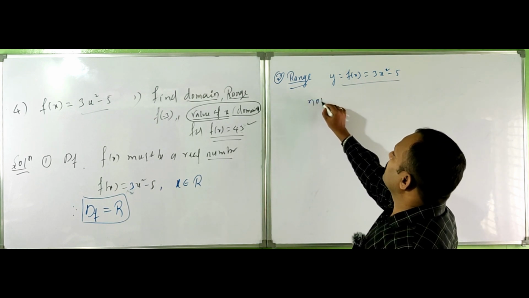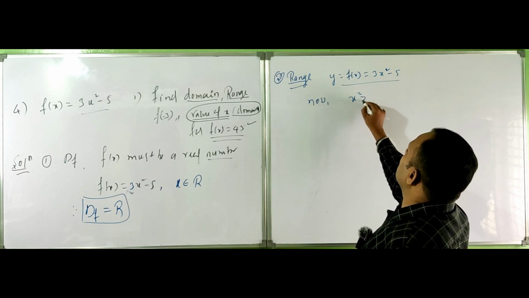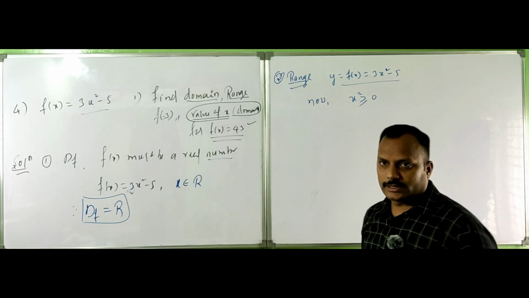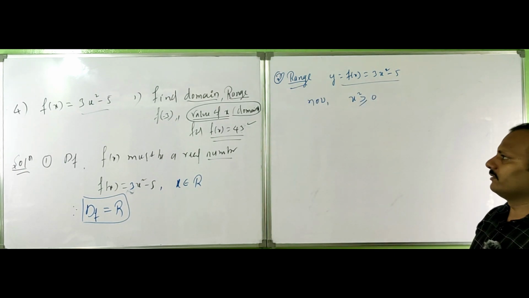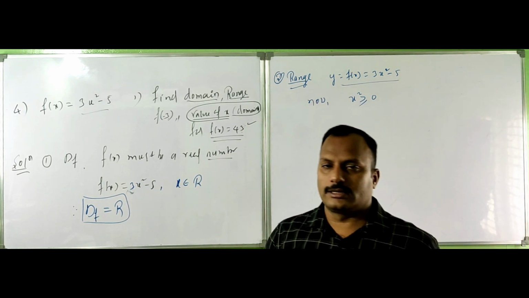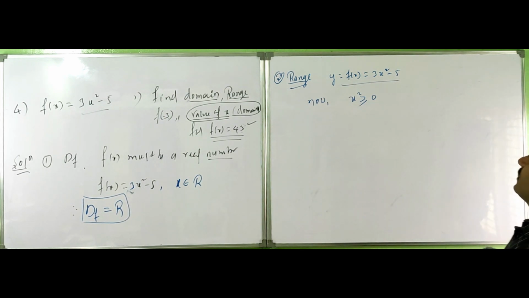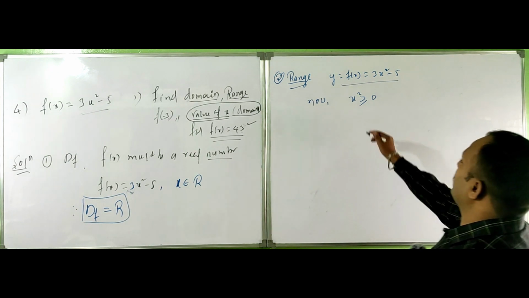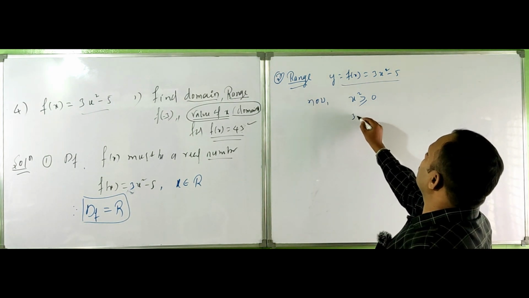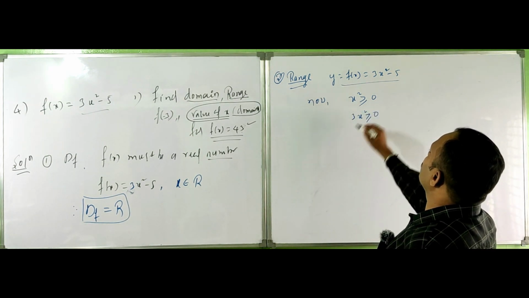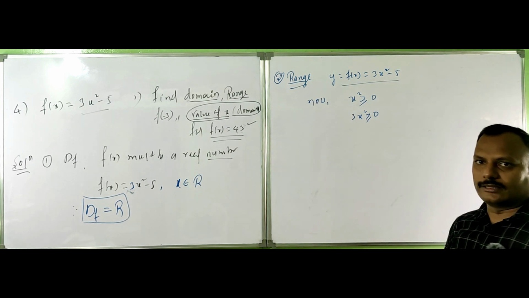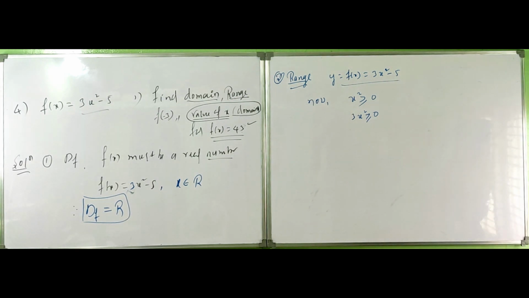In this equation, x square is greater than or equal to 0. Multiplying by 3 on both sides, 3x square is greater than or equal to 0.